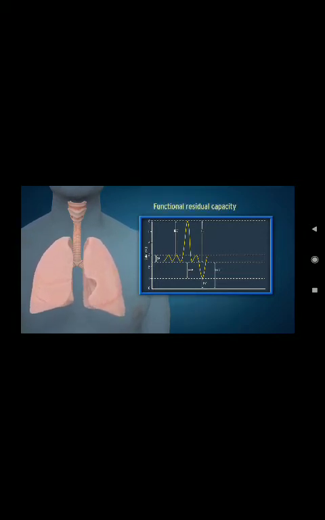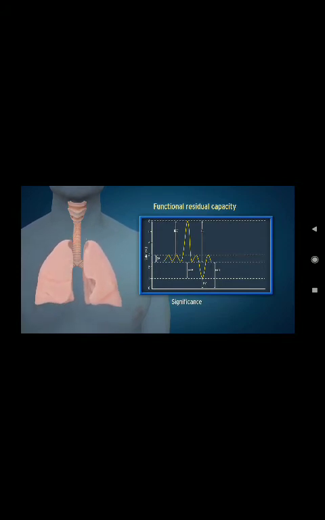Functional residual capacity, FRC. It is the sum of expiratory reserve volume and residual volume of the lungs. In a normal adult male, it is about 2300 milliliters and 1900 milliliters in normal adult female. Significance of FRC.